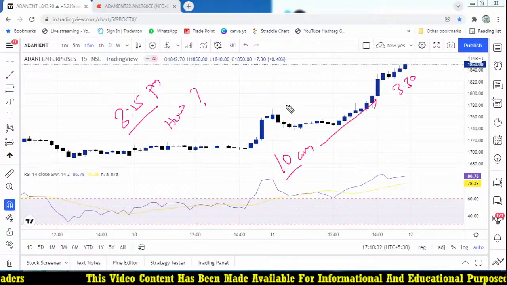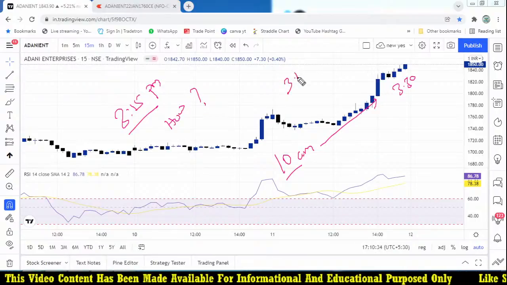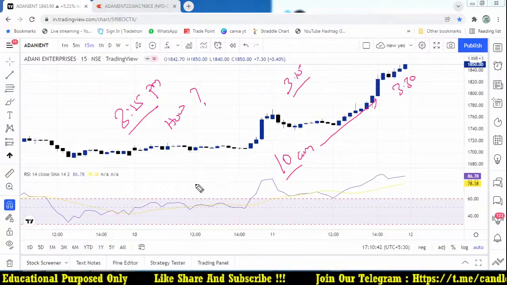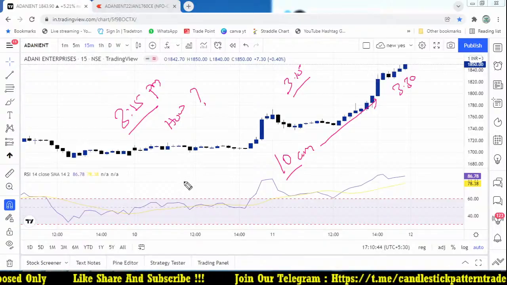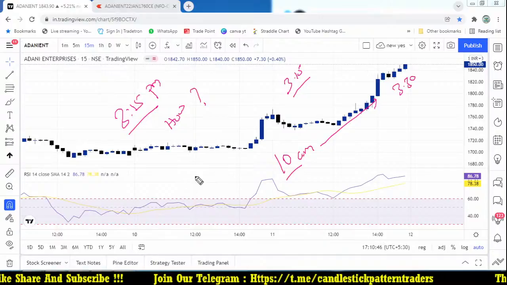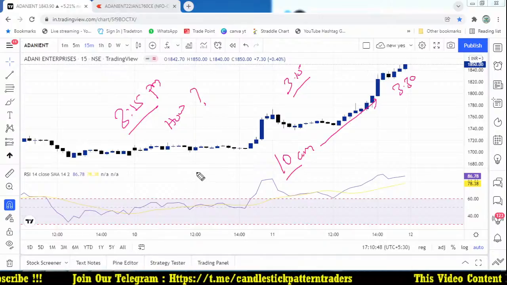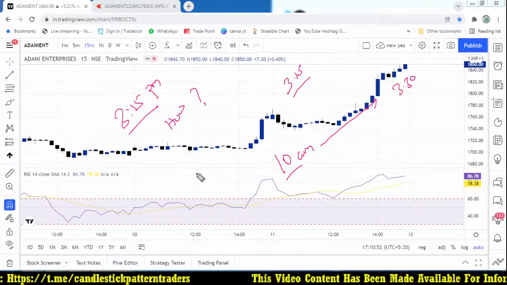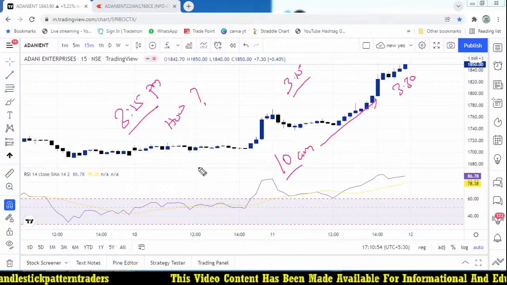But if the signal comes around 3 o'clock or 3:15, even if you take the position, how many days or hours can you wait? Here I tell you clearly, this signal is automated. Whenever the stock is picked up by the scanner, it automatically sends an alert to the Telegram channel.